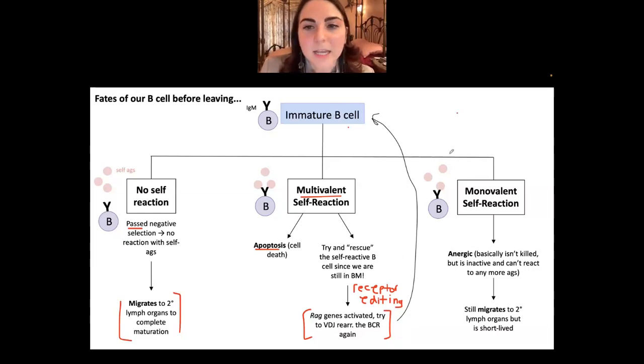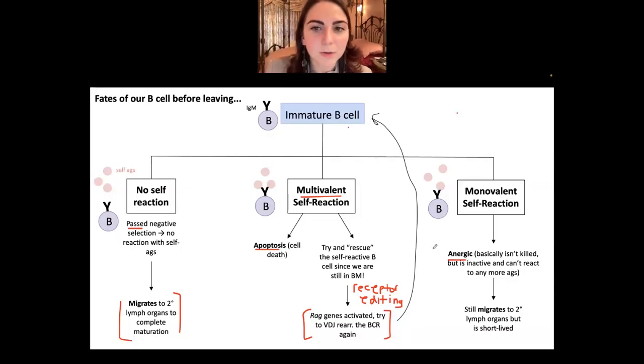What's interesting is if the B cell receptor reacts to what's known as a monovalent self-antigen, notice it's kind of binding, but not both Fab regions are binding. It becomes what's known as anergic. Anergy is a really weird concept.